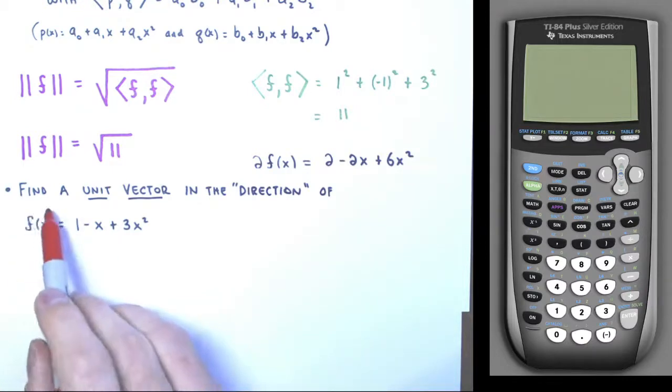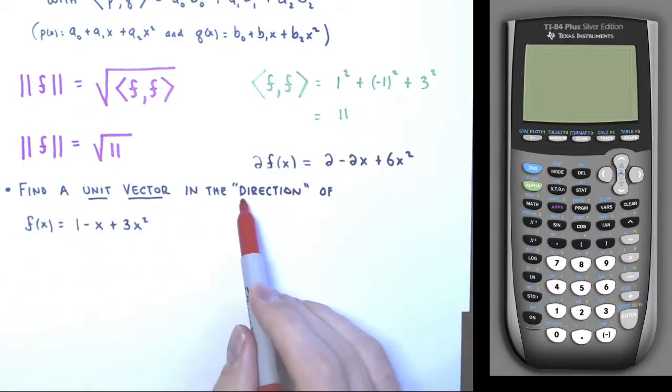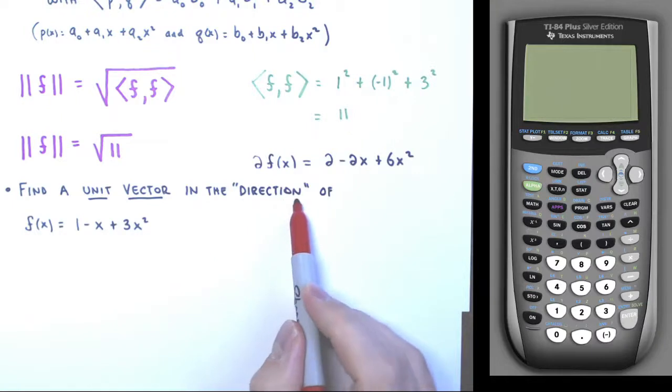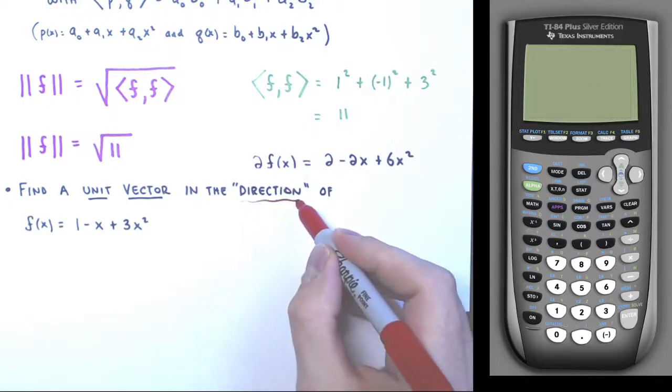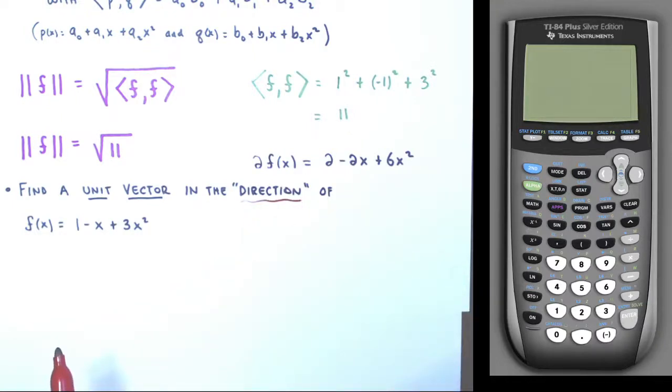When I say find a unit vector in the direction of, I put direction in quotes here because, how do you really say what direction a polynomial is pointing in, or what direction a matrix is pointing in, or a function?